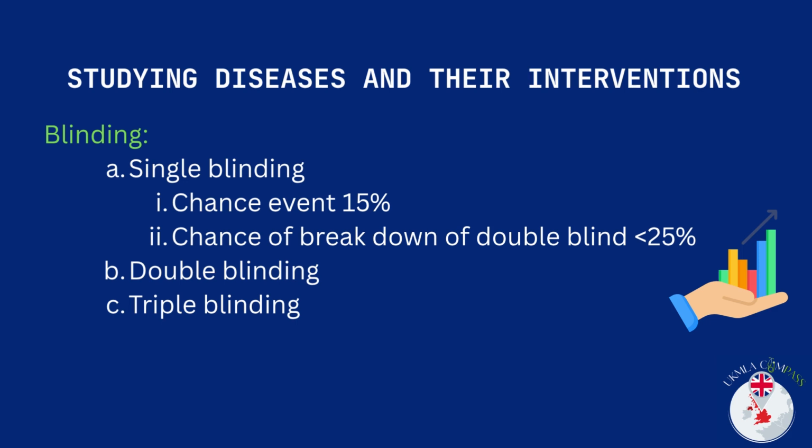Next, we have the double blinding. The double blinding means that the doctor doesn't know who's taking the placebo and who's taking the new drug, and also the patients do not know whether they are taking the new drug or the placebo. In this type of blinding we usually bring in a third party.